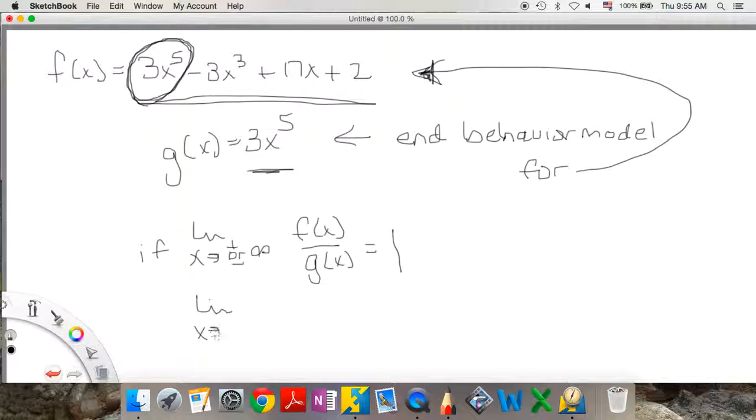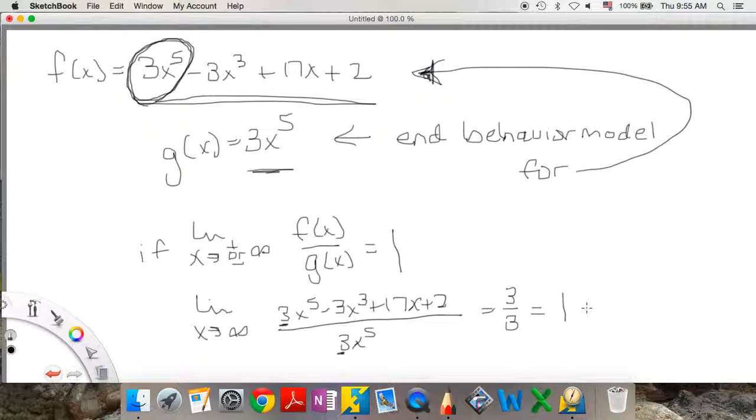The limit as x goes to infinity of 3x to the fifth minus 3x cubed plus 17x plus 2 over 3x to the fifth. Well, you can divide everything through by x to the fifth and use the way we did originally, or you can just look at those three rules I gave you, and you see that the degree is equal, so that means we're going to use the ratio of the leading coefficients and see that that equals 1.